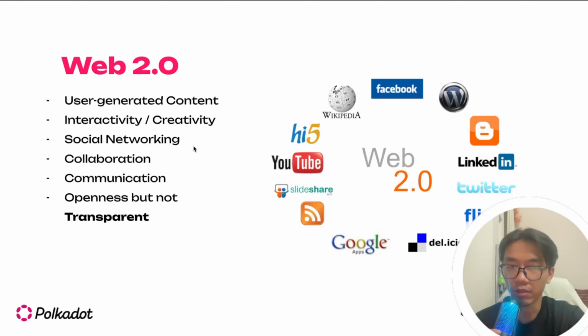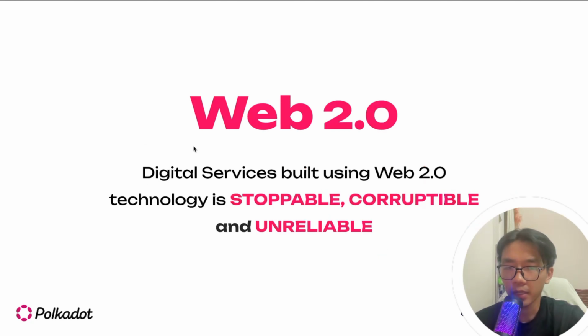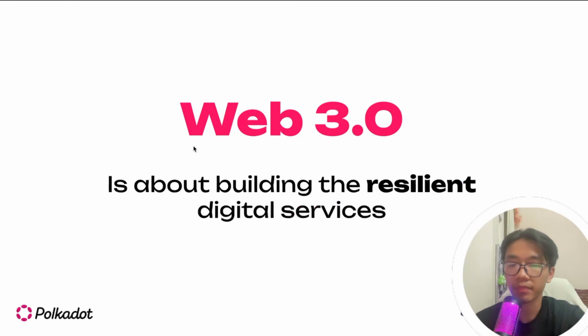And you can see now the user has the ability to upload and also update content on the internet. But the problem with Web 2.0 is that digital services built using Web 2.0 technology are stoppable, corruptible, and unreliable.